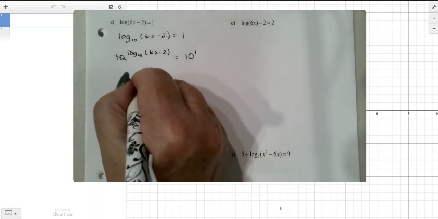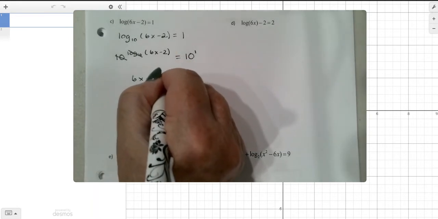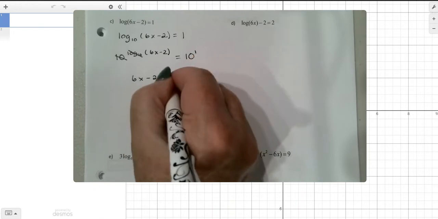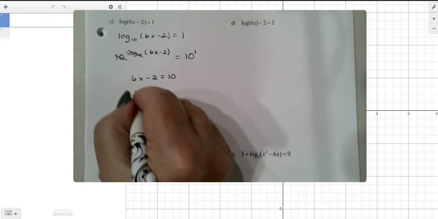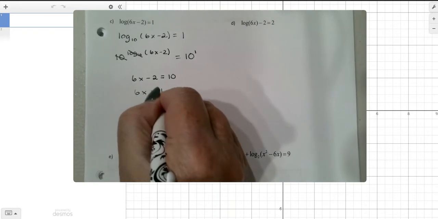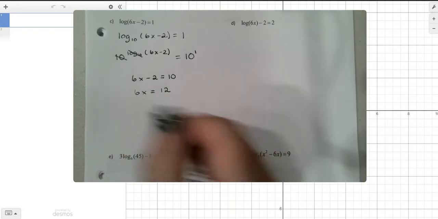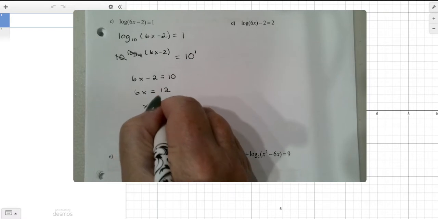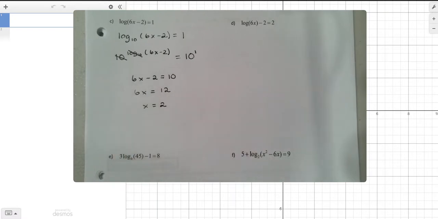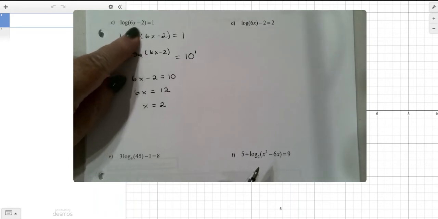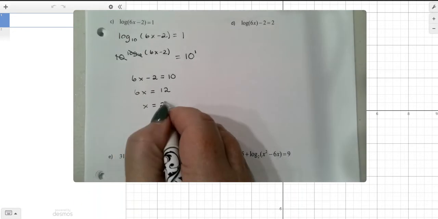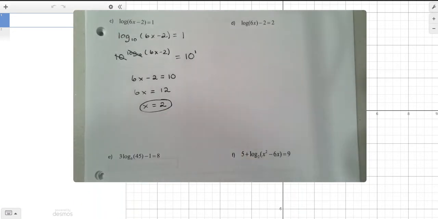So the left-hand side becomes 6x minus 2 equals 10 to the first, which is still going to be 10. If I add the 2, 6x is 12, and dividing by the 6 gives me x equals 2. If x is 2, that would be 12 minus 2, 10 inside that log. Positive value, so no problem. I'm within the domain.